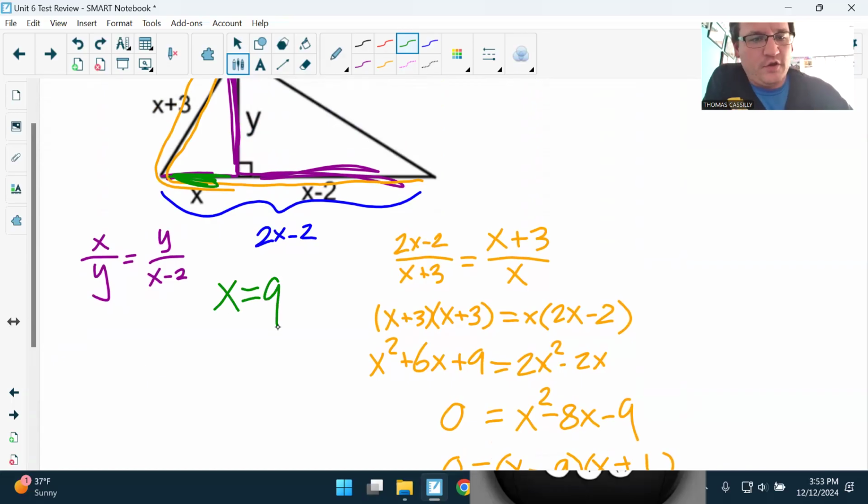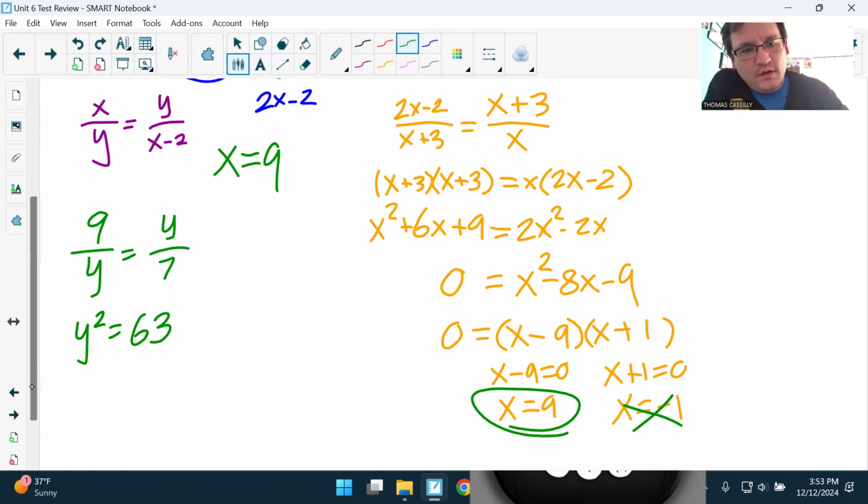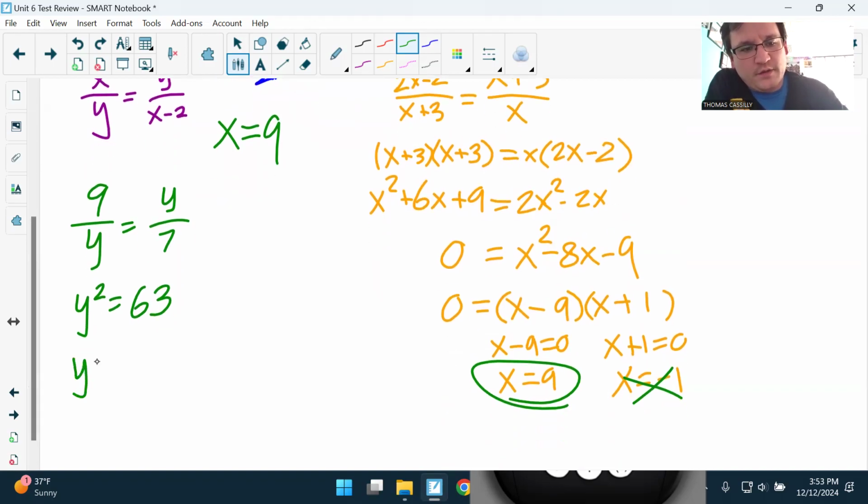So look at this purple equation. I'm going to change it up a little bit. I'm going to say 9 over y equals y over 9 minus 2. Well, hey, that's just 7. So I got y squared equals 63. Therefore, y is going to be equal to the square root of 63.